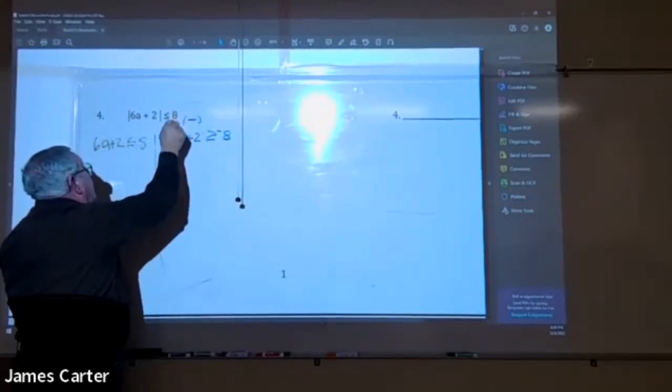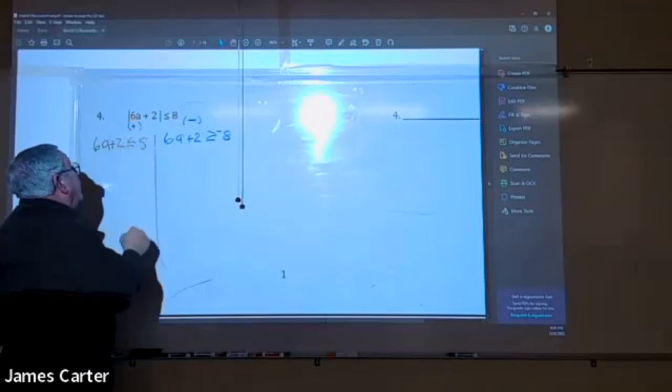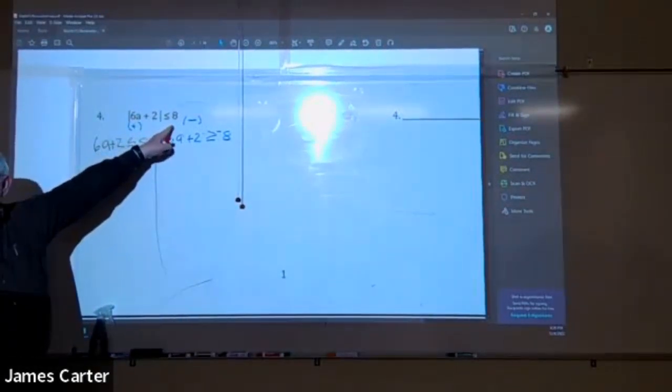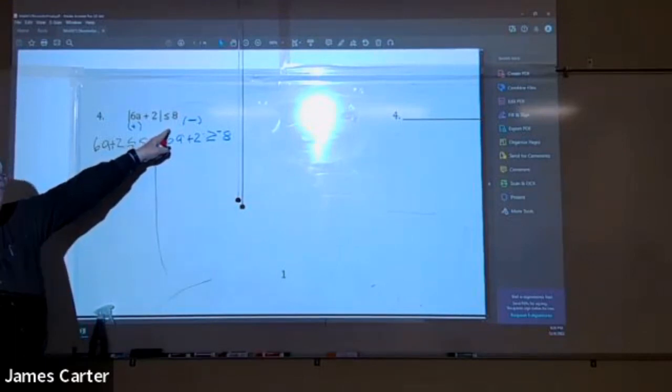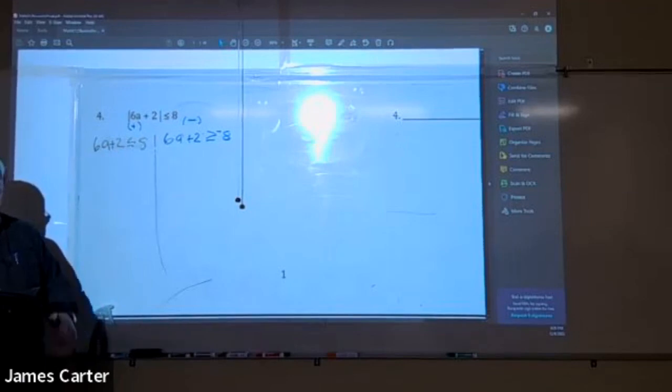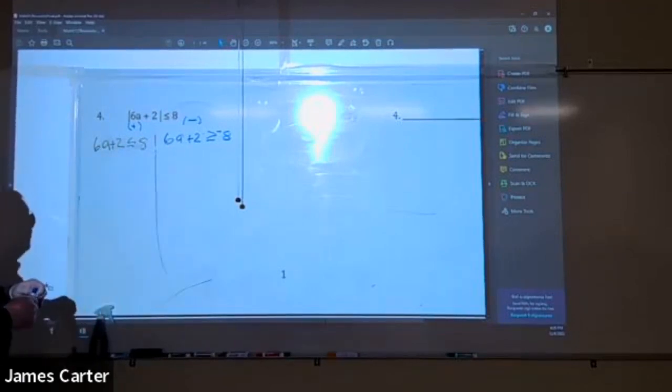Here's the minus side, here's the plus side. Remember, on the minus side with less than or equals or greater than, you got a flip symbol on the minus side. So that's the critical step in this problem.